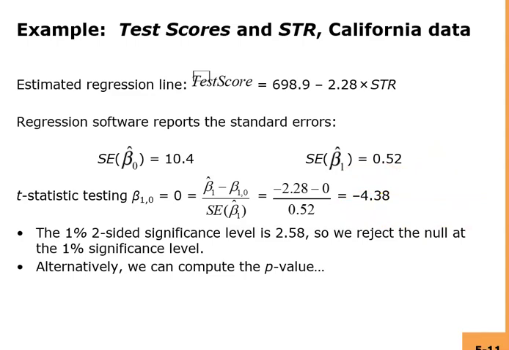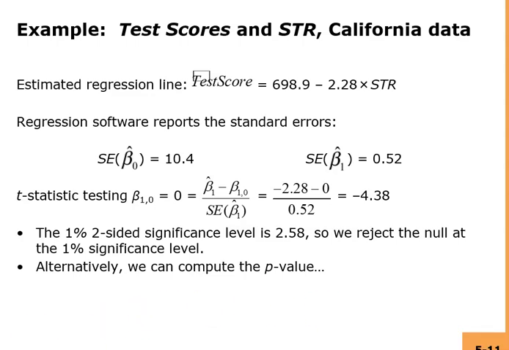Even if we use the 1% level of significance, the two-sided critical values come out to be 2.58 positive and minus 2.58 negative. Given the t-stat we have calculated, we can easily reject the null hypothesis, because minus 4.38 is less than minus 2.58. So we can reject the null hypothesis that there is no relationship between student-teacher ratio and test score at a significance level of 1%.